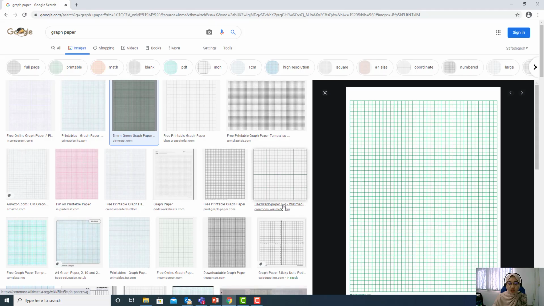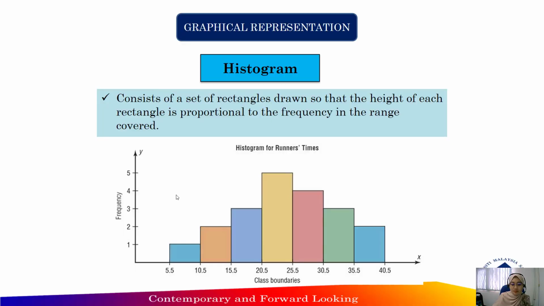Before we construct a histogram, you need to prepare your own graph paper and a ruler. For example, a histogram for runners' times. So prepare your own graph paper, a ruler and a pencil. Draw the y-axis and x-axis using the ruler. The y-axis is for frequency.